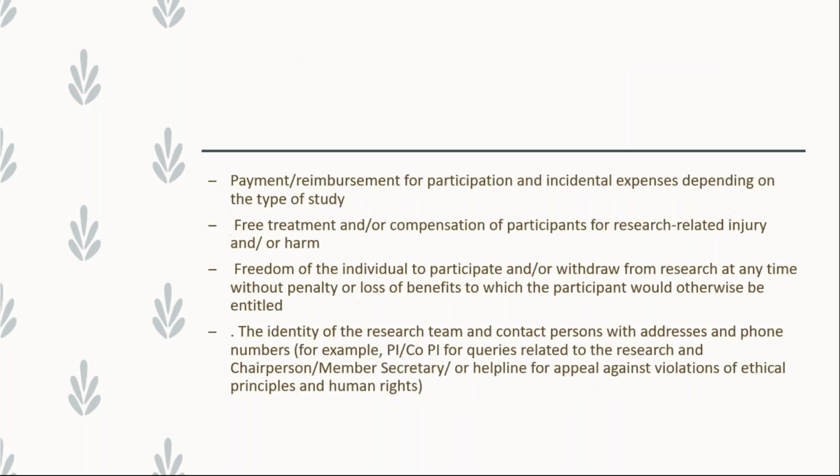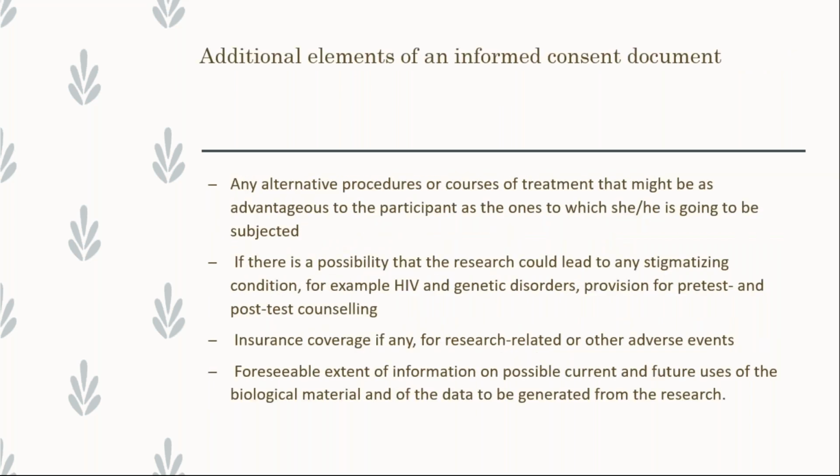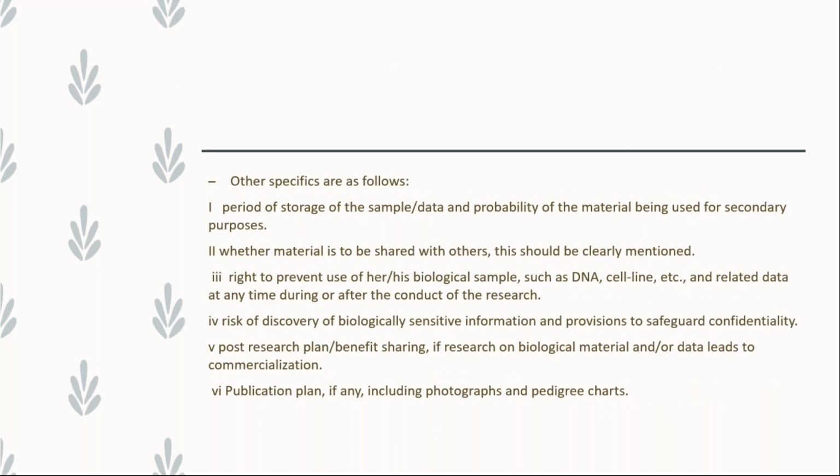So you have to remember, there are these essential elements of the informed consent document, where no matter what kind of research, all this information should be there. It is mandatory. Then there are the additional elements. According to the nature of the study, some of the information has to be included. So there are two parts that you have to remember.